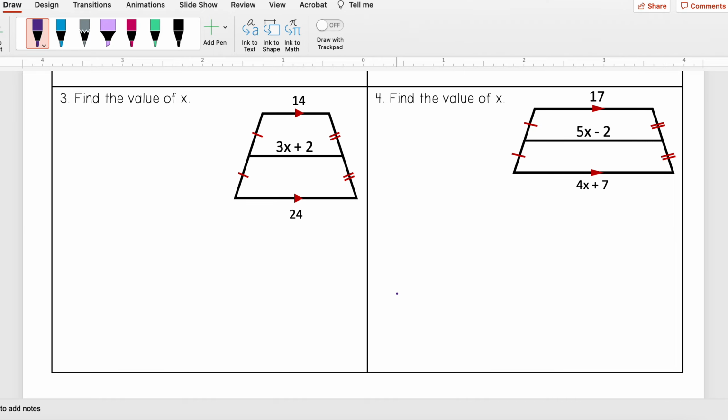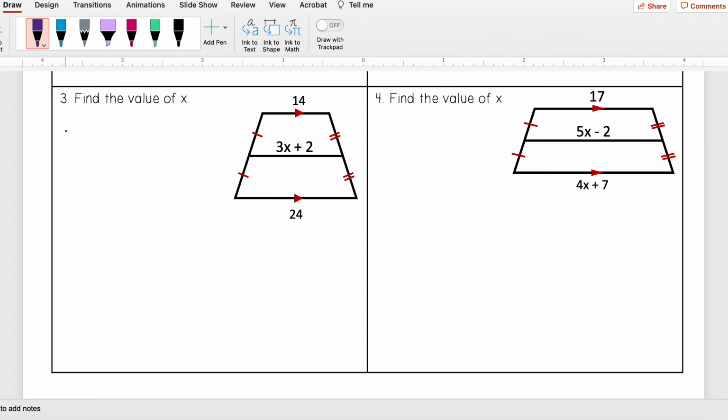Okay, now these next two are going to be a little bit harder, and now I have some variables in there. For this first one, I want to find the value of x. Again, I know my mid-segment is going to be equal to half of my bases added together. My mid-segment here is 3x plus 2.